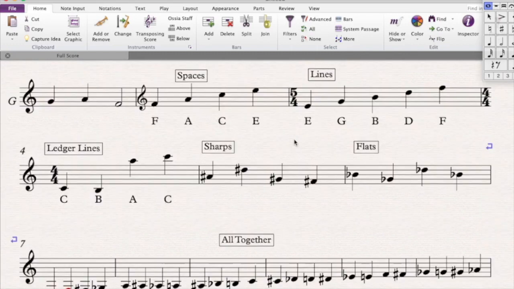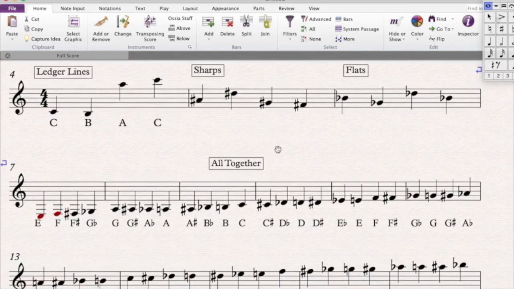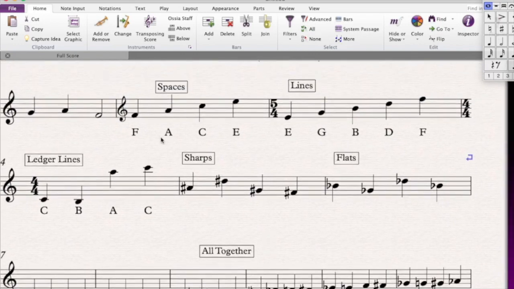Now what I used to do is I would have one note as a reference point. And it clicked in my head that the very next position on the stave, whether that was a line or a space, would be the next letter up in the alphabet. On the other side of the coin, the next one going down was the letter back in the alphabet, if that makes sense. So if I use this as my reference point, okay, this is an E note.